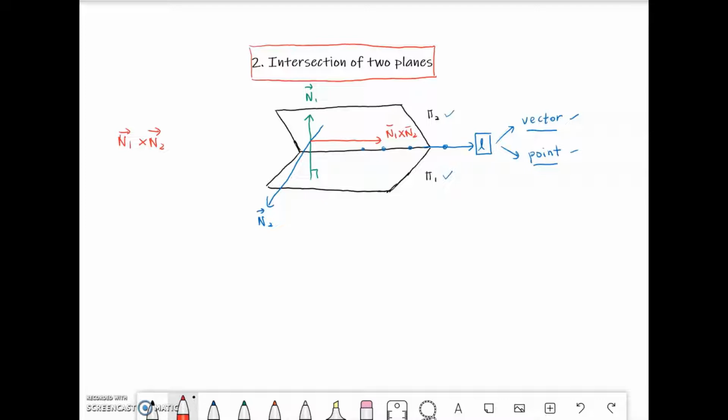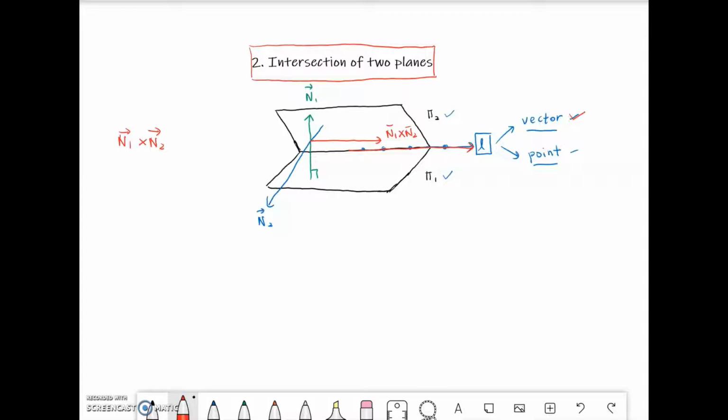For this case, the cross product will be something like this, and you will notice that this cross product of n1 and n2 is parallel to line L. So now our vector to obtain the equation of the line is satisfied.